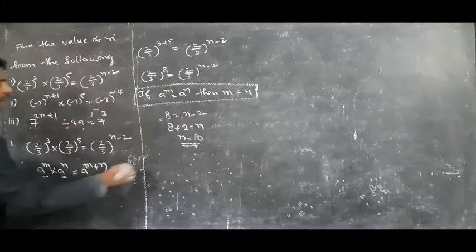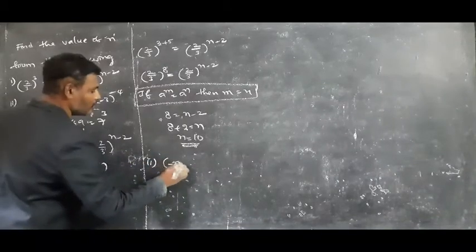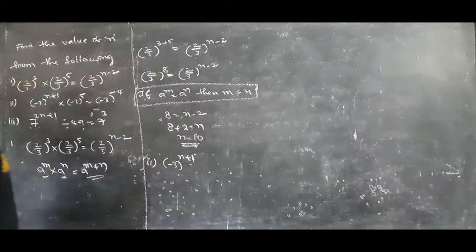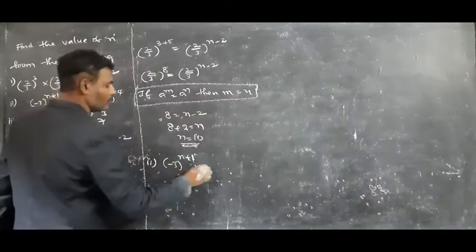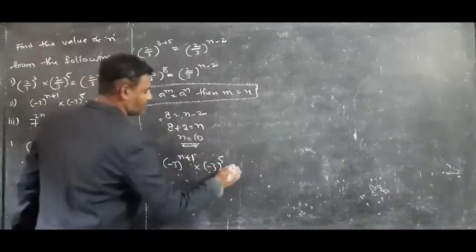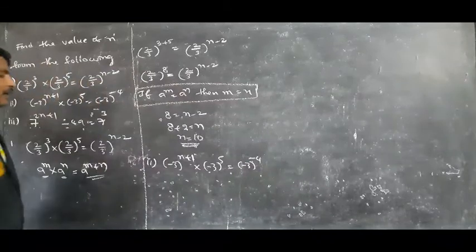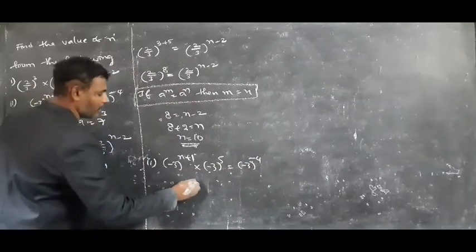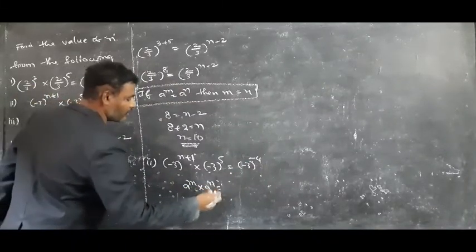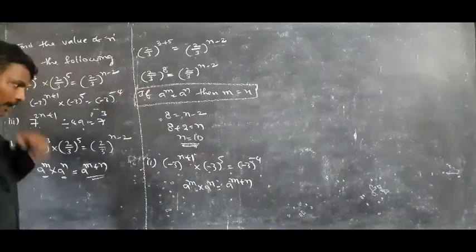Then what about the second question here? Minus 3 whole power n plus 1 into minus 3 whole power 5 is equal to minus 3 whole power minus 4. Here what is the basis? We can write a power m into a power n is equal to a power m plus n.